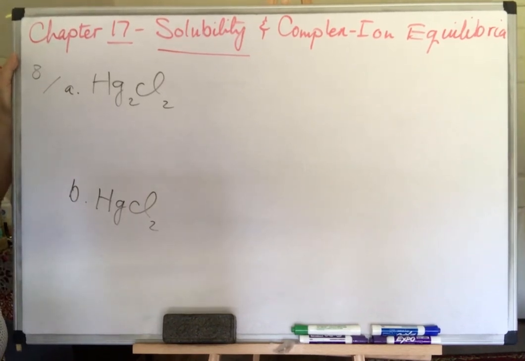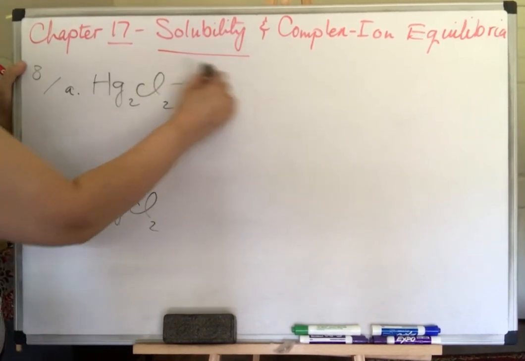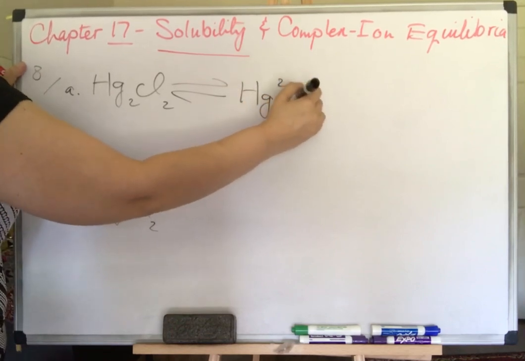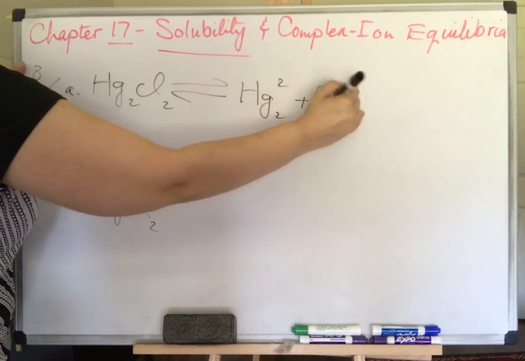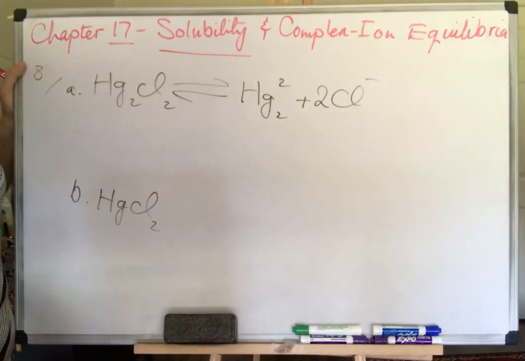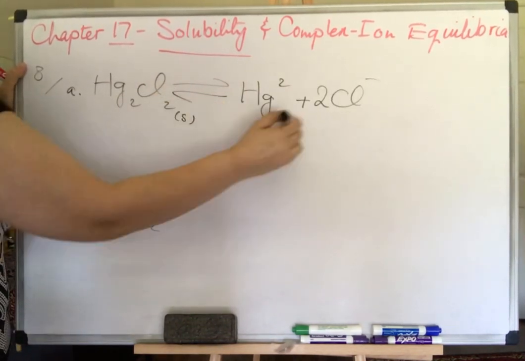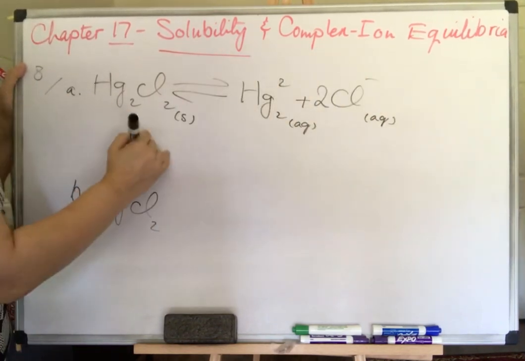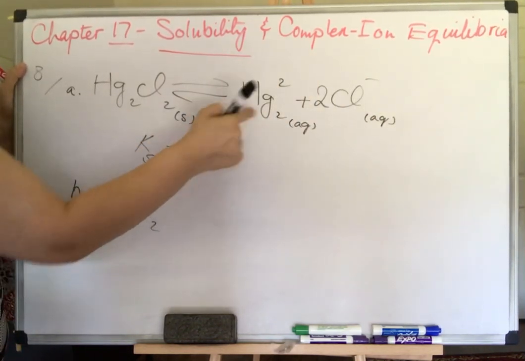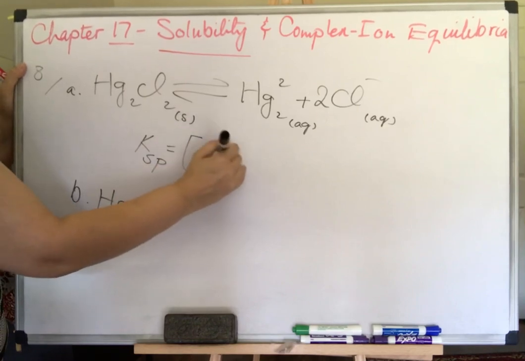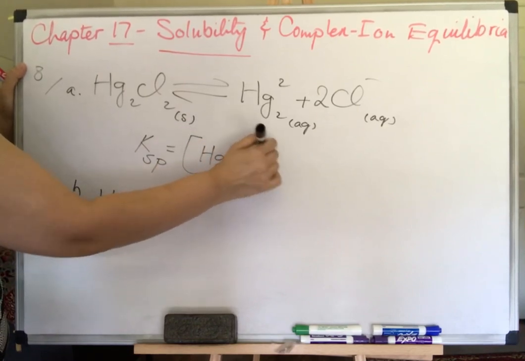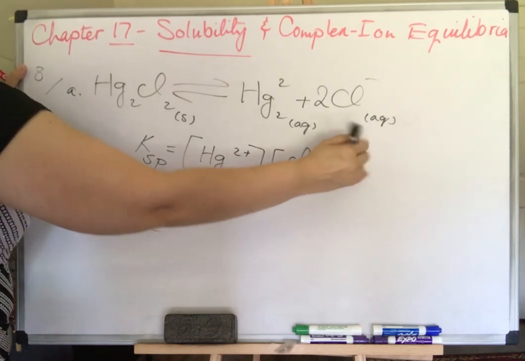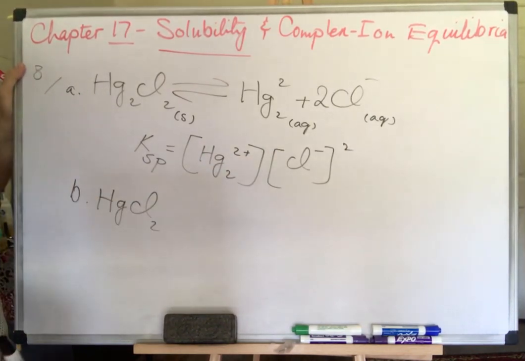Hg2Cl2 has a special type of Hg, which is Hg2 2+, so it's going to be this equation. This is solid, and the cation and anions are aqueous. So Ksp is going to be the cation to the power of its coefficient, no coefficient here, and for chlorine, it's going to be to the power of 2, or squared.